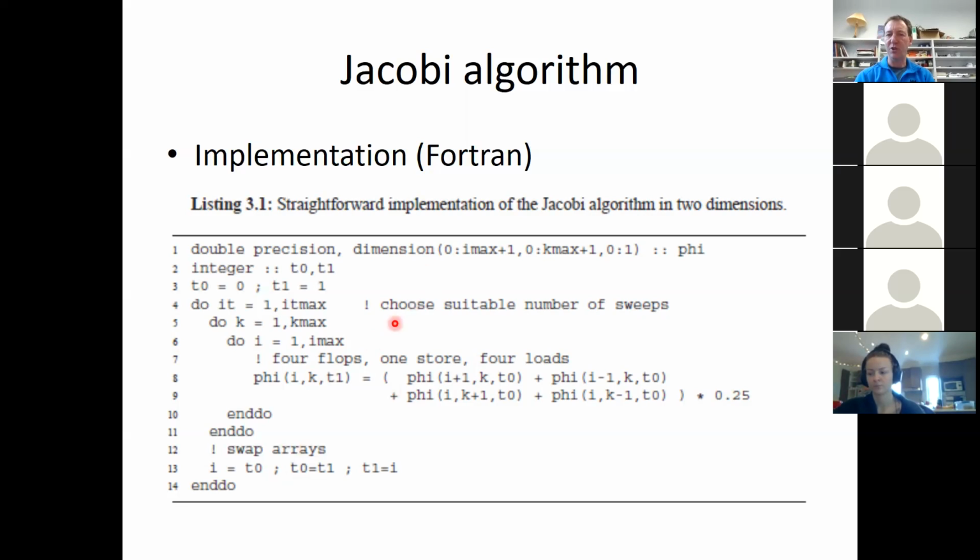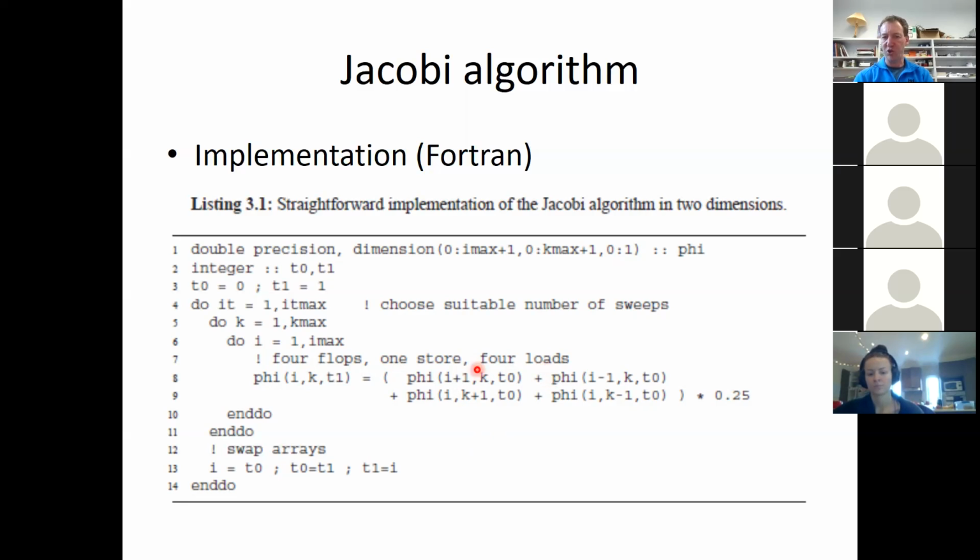What you should do is estimate, look a little bit at the performance of this loop, what is required. There's already a little bit of comment in this inner loop here. We say we have four floating point operations, 1 store and 4 load operations in this loop.